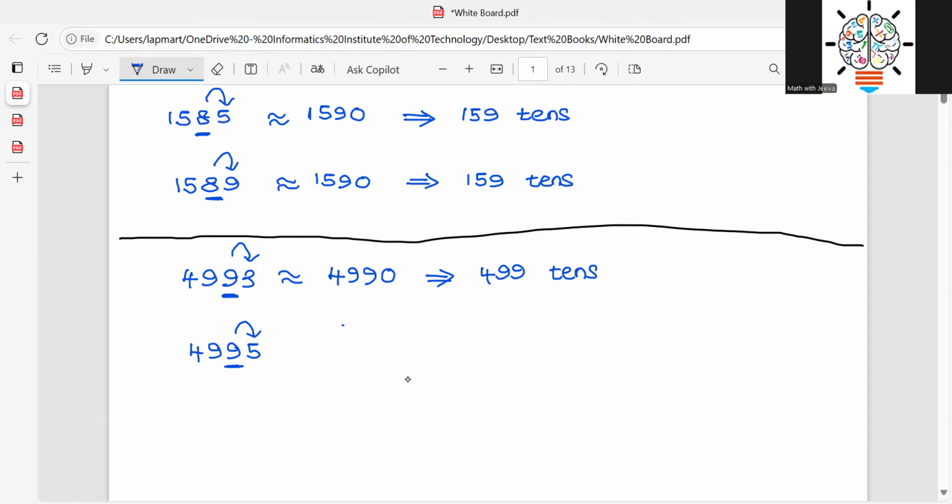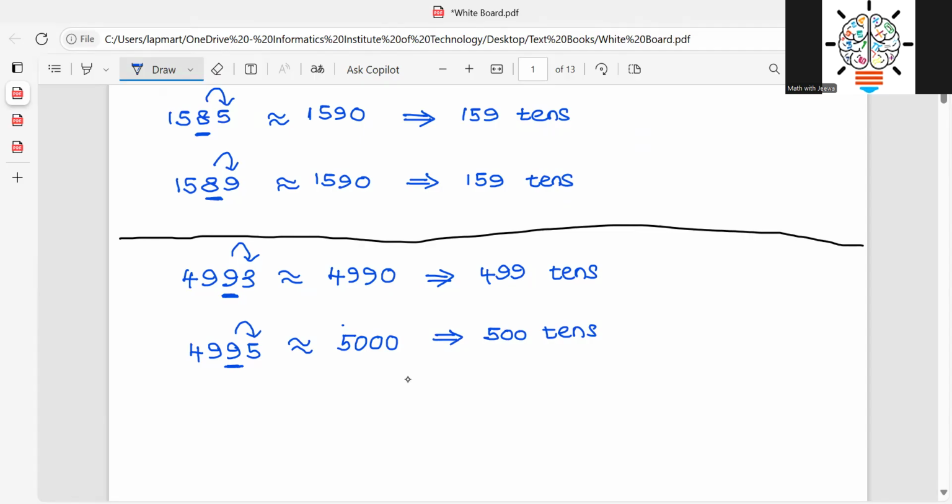When I add 1 to 9, that becomes 10, right? Therefore, I put the 0. And then the remaining 1 I add to the next number. So that becomes again 10. And you write here like this. So now you can see this is equal to 500 tens.